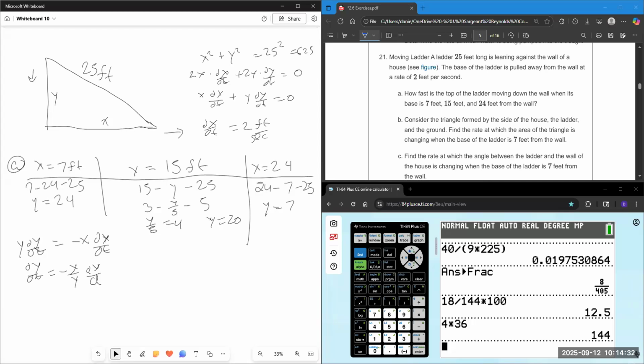So in each of these situations here, negative x over y. So dy/dt is negative 7 over 24 times 2, which is negative 7/12, and this is going to be feet per second.